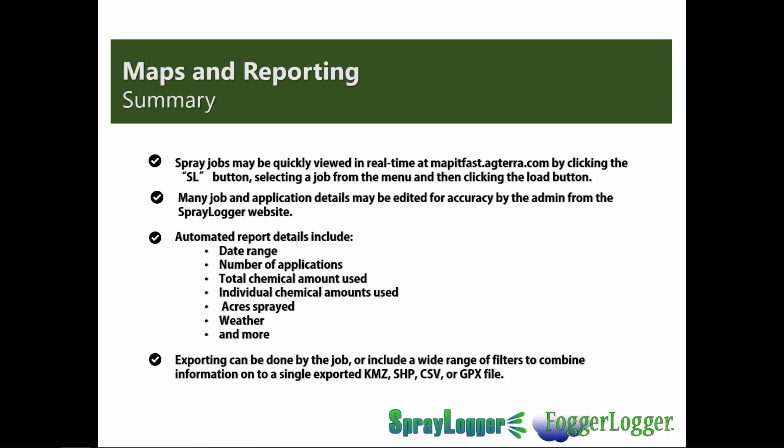How many jobs and application details can be edited for accuracy within the jobs and maps section. Once that, you can generate a report. These are just a few of the items that are included on that. There's many more we went over, for the range of applications, total chemical amount used, acre sprayed, weather, and so much more. Then lastly, how you can export that information into a number of file formats, whether it's a KMZ, shapefile, CSV, or even a GPX.